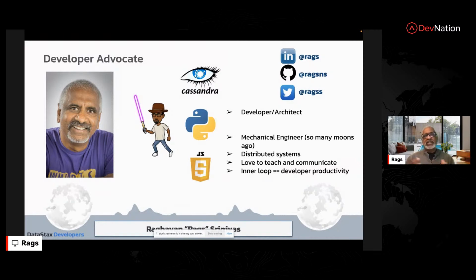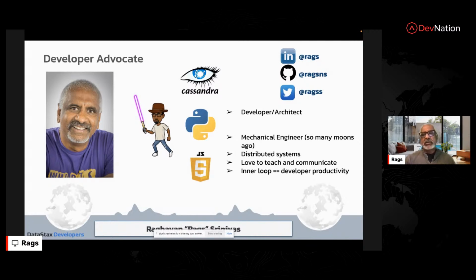What I like about many of these workshops and the live coding part of it is, as a mechanical engineer, the closest thing that I can see things move, especially in the software world, is code, right? So I like to get my hands dirty and play around with code, and hopefully I'm going to fail a little bit, and that'll be kind of fun, to see people struggle a little bit, but that's kind of how we all go, right? So I love distributed systems.